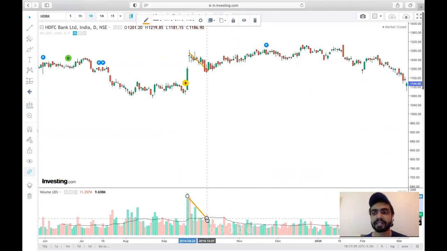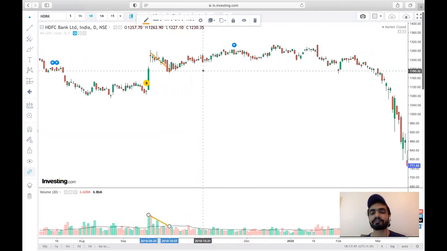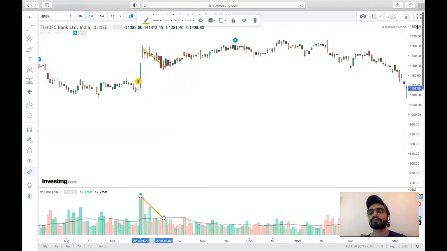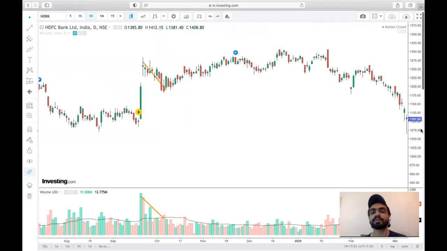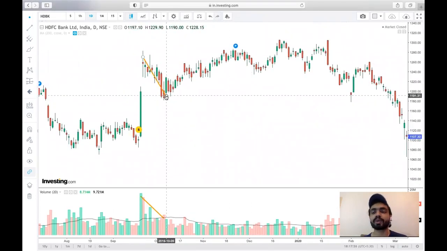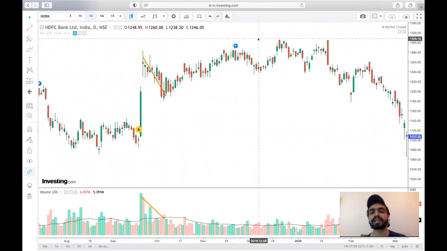And it is pretty evident on the chart that this downtrend could not sustain for a longer period of time. And from here, there was a reversal in the market. And we saw the prices move on the upside. So I think from around your 1200 rupees or so, the prices made a high of around 1300 rupees. So that was nearly a 100 rupee price jump.